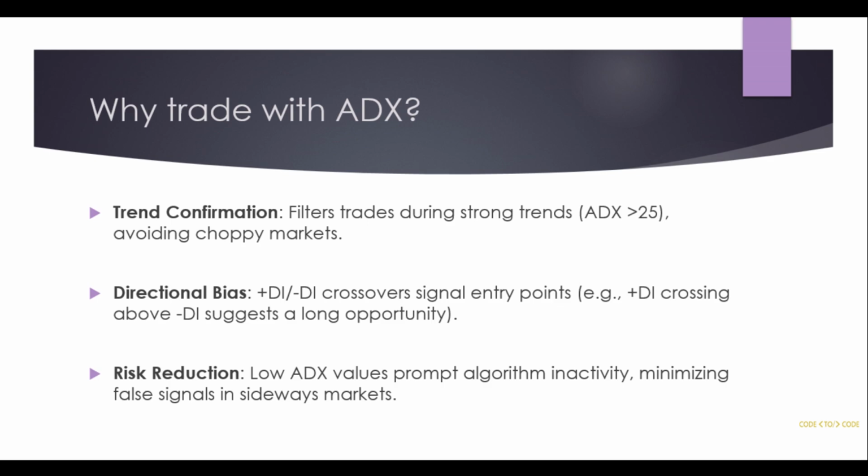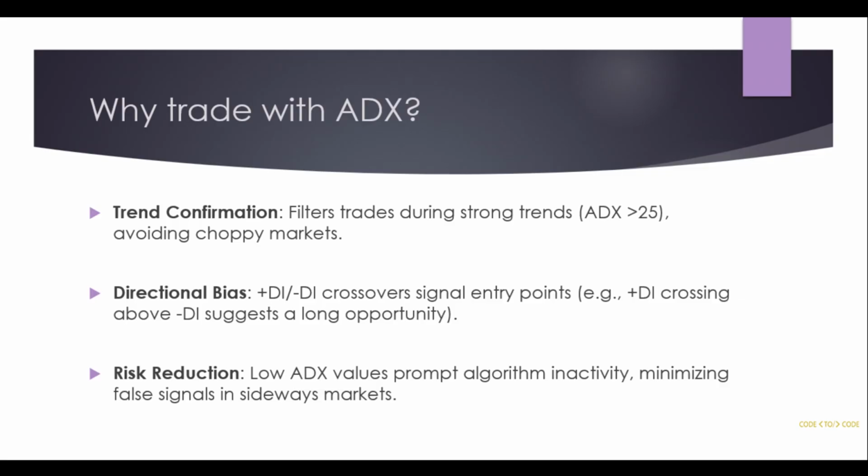Now, when the plus line is crossing above the minus line, then you know that you're entering a strong bullish market. That's how you determine a bullish market, and vice versa when it's reversed, right?